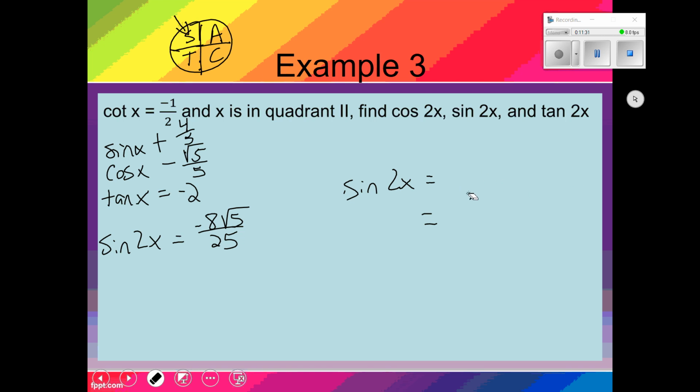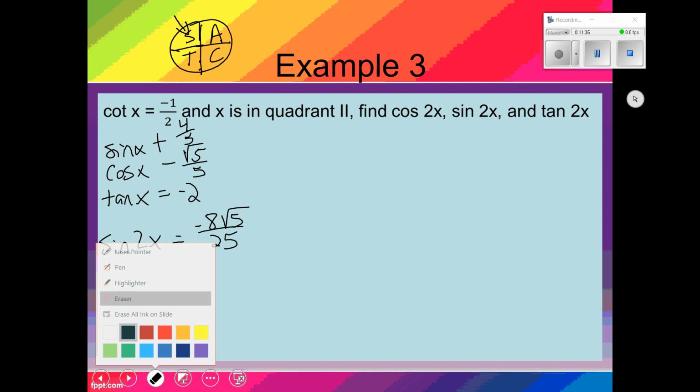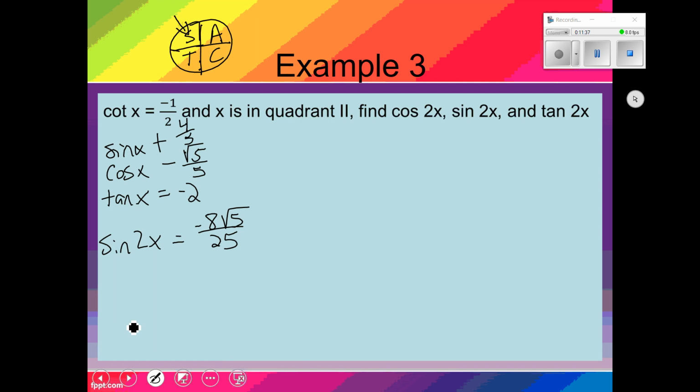I want to check something really quickly. I'm going to go back and check my sine. I want to make sure that I took the square root right. So this was sine squared x plus negative square root of 5 over 5 squared equals 1. Sine squared x, just make sure I didn't make a mistake.